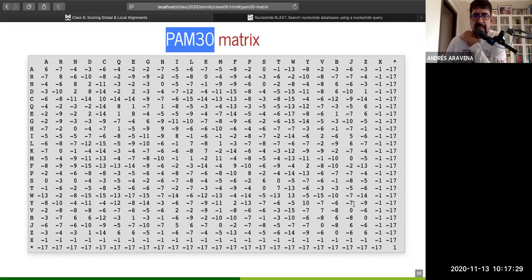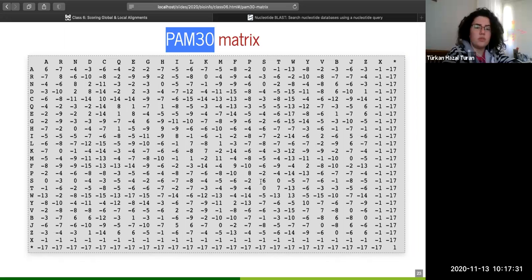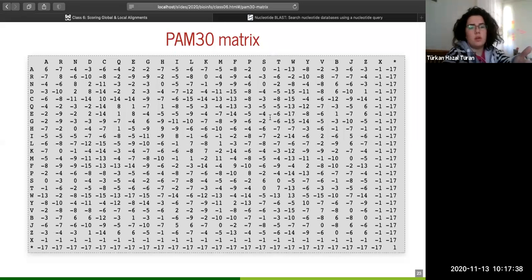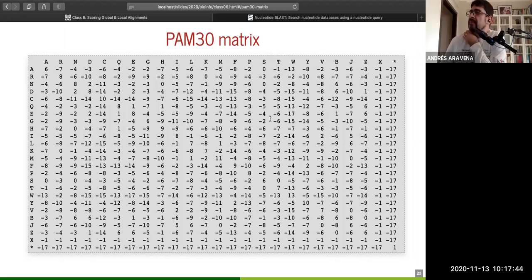I don't understand the logic of the numbers. Why is it -6 when P meets G? Why is it 0 in some places, neither negative nor positive? The complete answer is that this is the integer part of the logarithm of the probability of substitution.